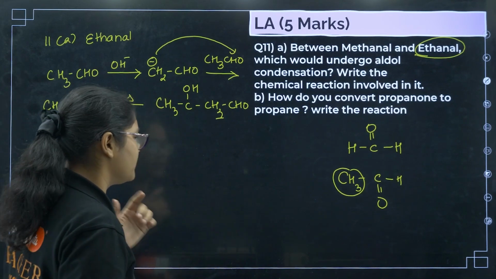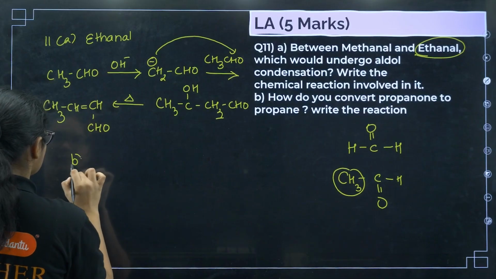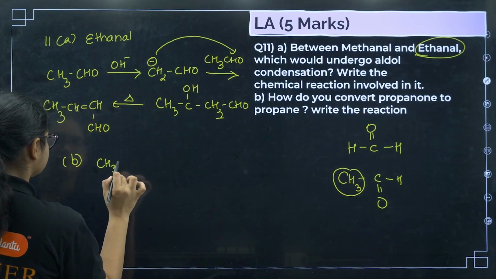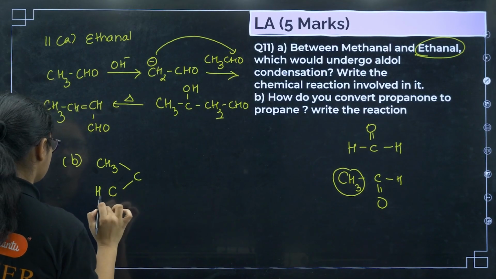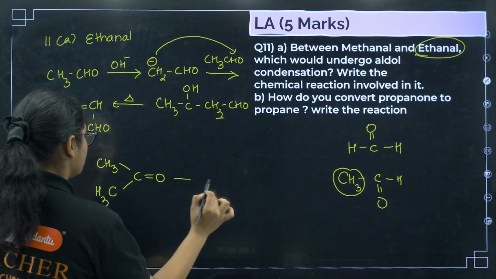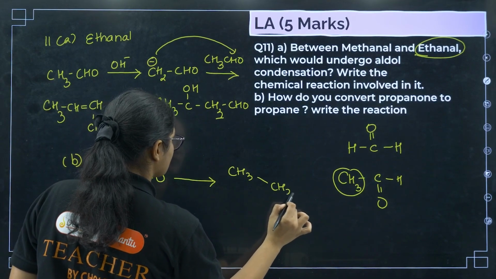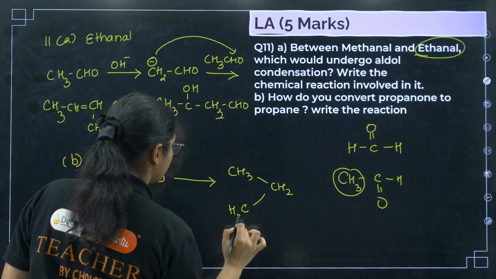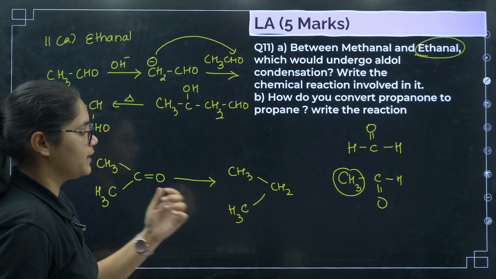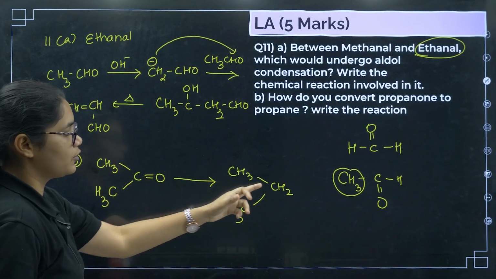How do you convert propanone to propane? This is very simple. If I convert propanone to propane, you can see the C double bond O goes to CH2.